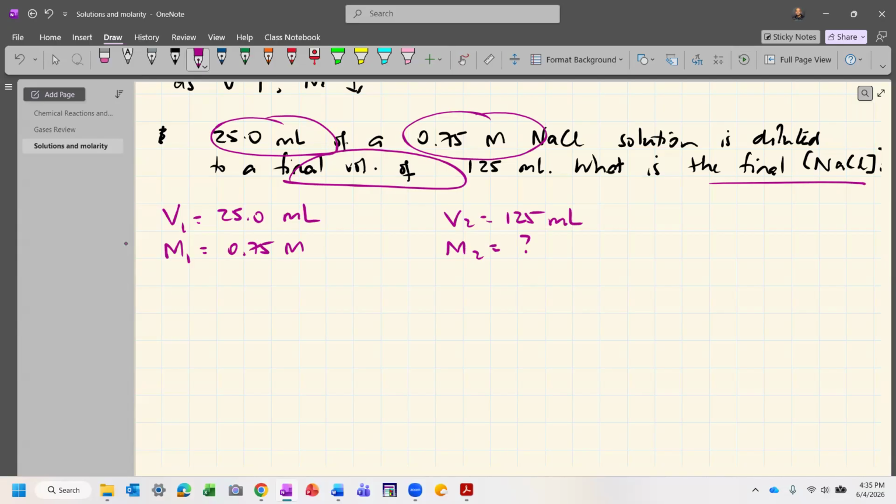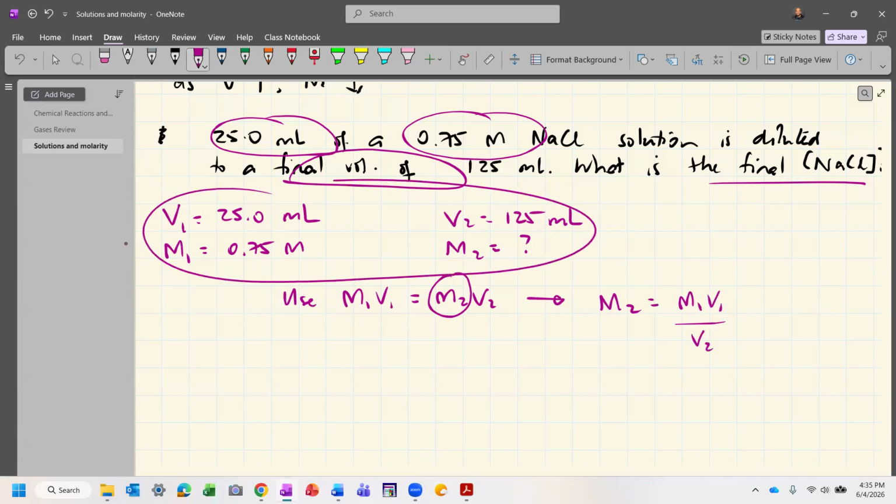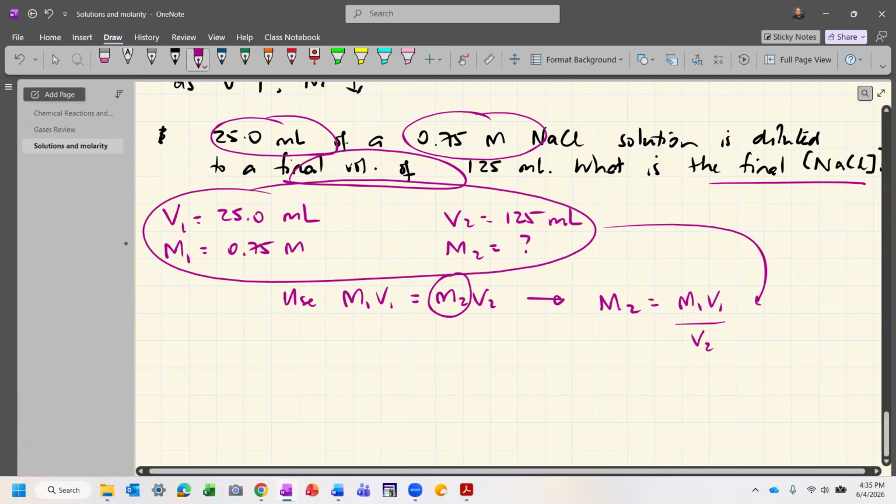All right, so I'm given three things. I need to find the fourth thing. Obviously, these are all related by the dilution equation. My unknown here is M2. So if I rearrange my equation, I can divide both sides by V2. So this ends up being M2 equal to M1V1 over V2. I'm going to substitute them into my equation.